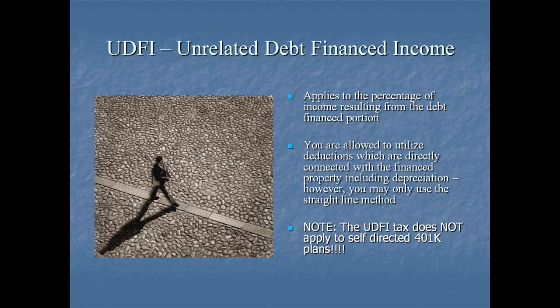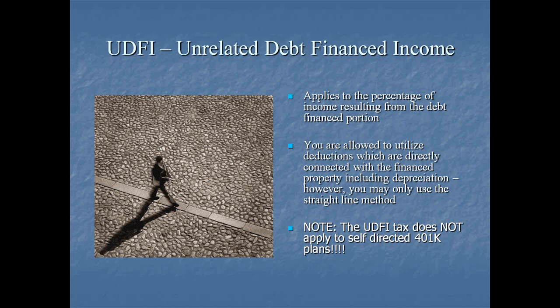Okay, next slide. Let's talk about what UDFI is. So, unrelated debt financed income. It's a big word. We have lots of lovely little acronyms in the Internal Revenue Code. But basically, what it means is the percentage of income that you get in your IRA that is relative to how much you have for debt.